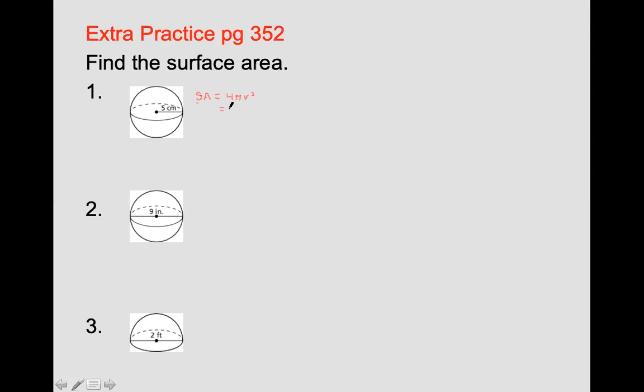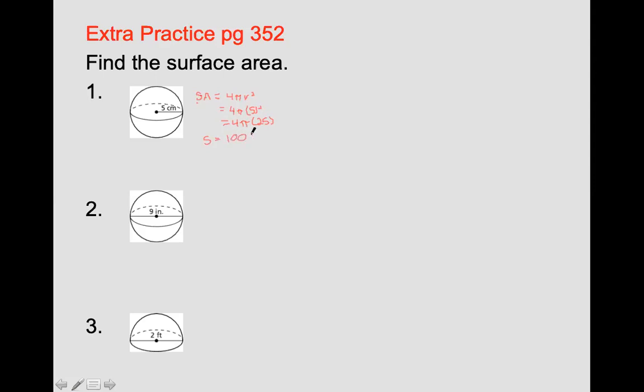So I'm going to write 4 times pi times 5 squared. Now notice all these things that are right next to each other, the operation is multiplication. So I'm going to be multiplying these. So I'm going to have 4 times pi. 5 squared is 25. So one of the ways I can write this answer is to leave it in terms of pi and just write that my surface area is equal to 25 times 4 is 100 pi.